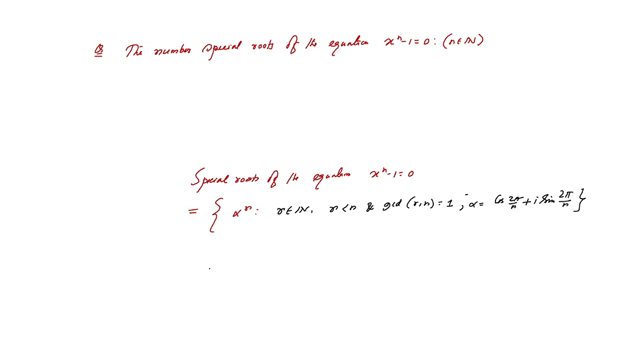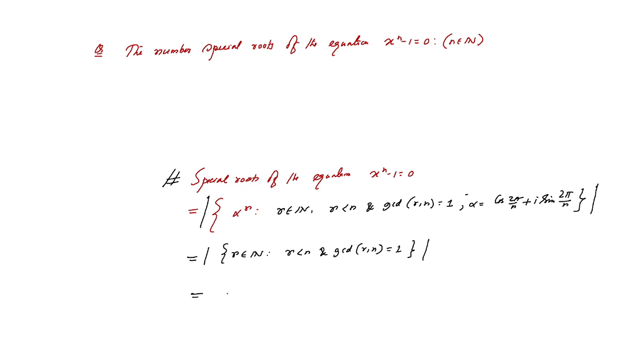Okay. So if we think about the number of special roots, that will be the cardinality of this set. This is exactly the same as the cardinality of the set of r belonging to natural number such that r less than n and GCD of r and n equals 1.